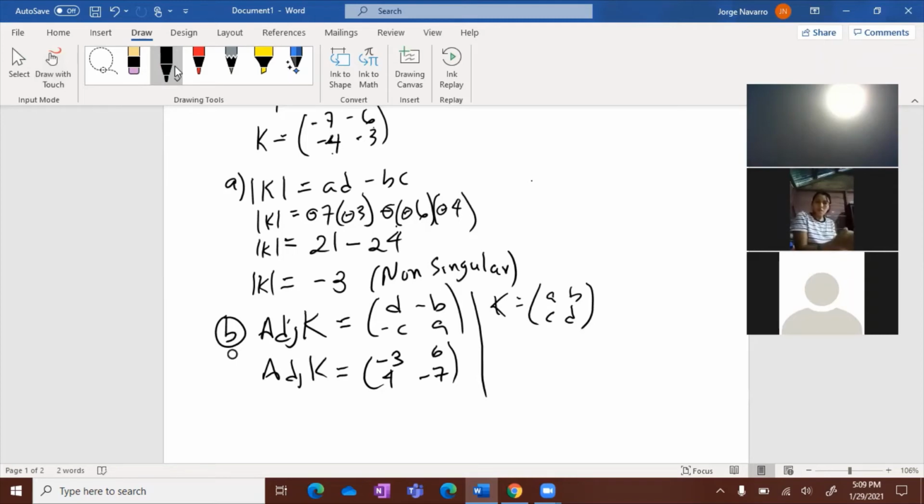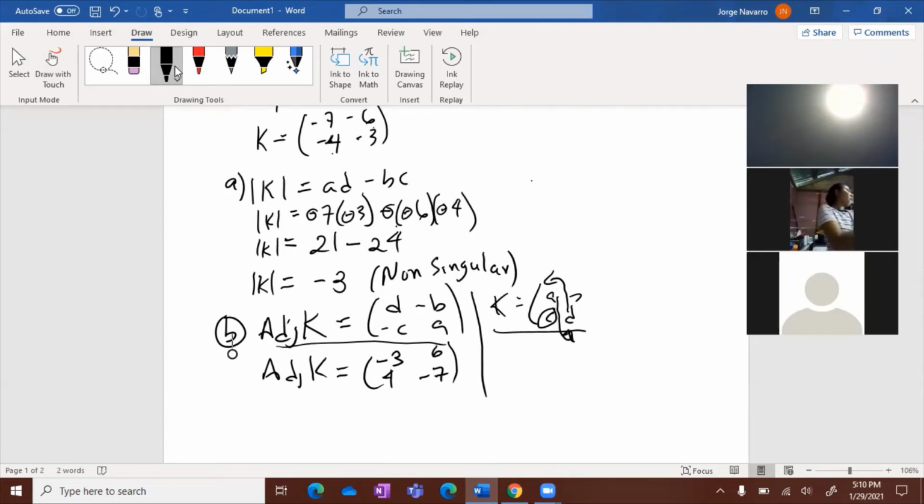But what I'm telling Ms. Rodriguez is that this is the original here. But the formula for the adjoint says that the A will move down here and the D will go up here. And these will have to change. If they are positives, they will become negative, and if they're negatives, they'll become positives.